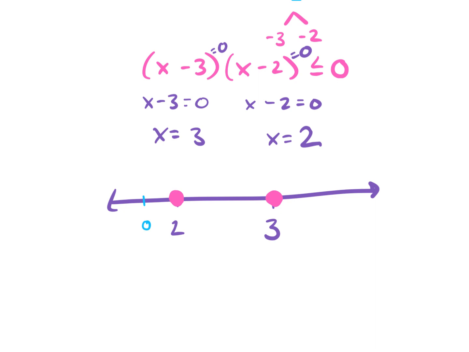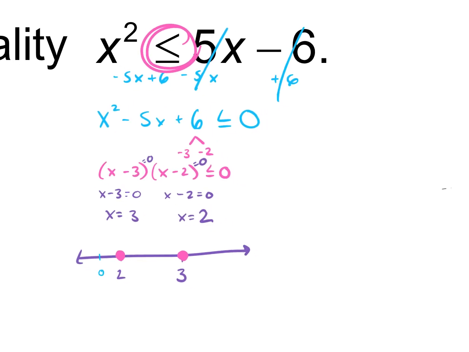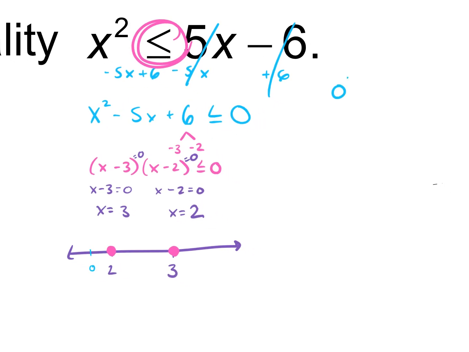Let's plug in 0. You can plug in 1, that's totally fine, but 0 is just nice to plug in. So you have 0 squared is less than or equal to 5 times 0 minus 6. So 0 is less than or equal to negative 6. Is this true? No. So I'm not shading outside on the left here.